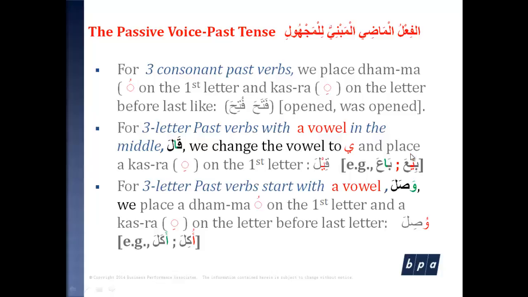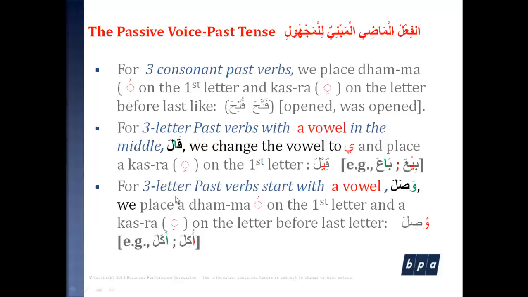Kasra on the first letter because it's before the ya, the alif is changed to a ya, and the ain stays intact. Again, these are the three-letter past verbs with a vowel in the middle. We basically change the vowel to a ya and put a kasra on the first letter.